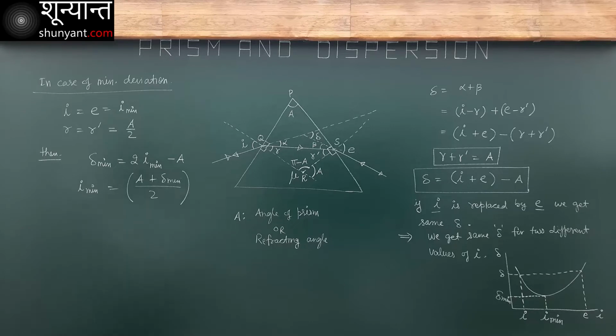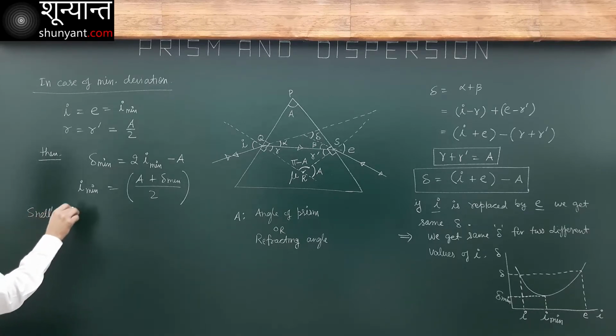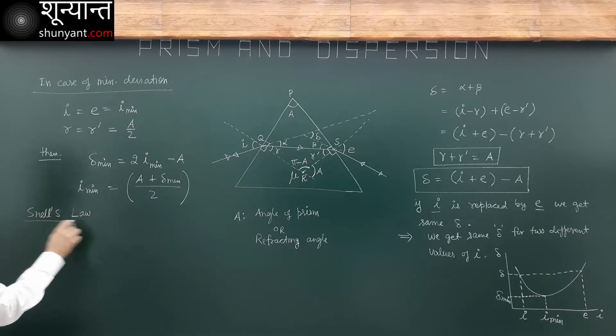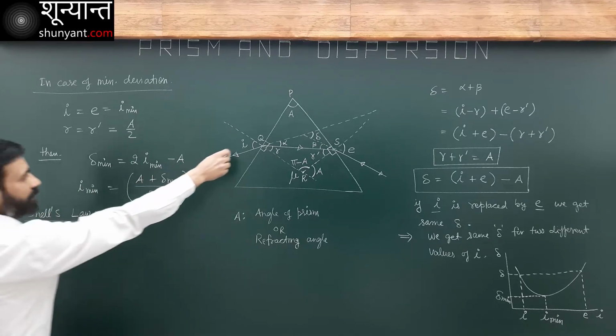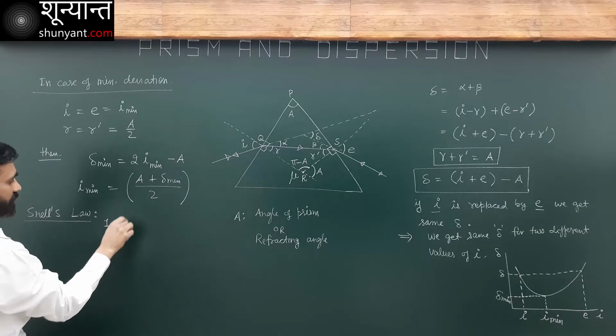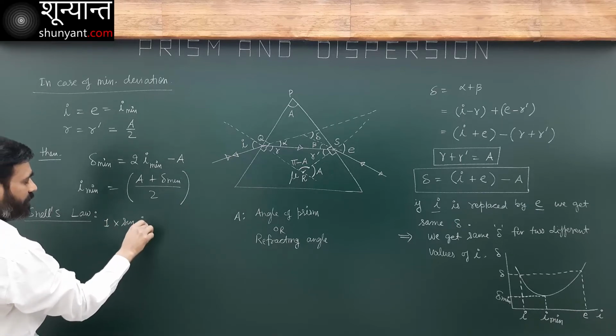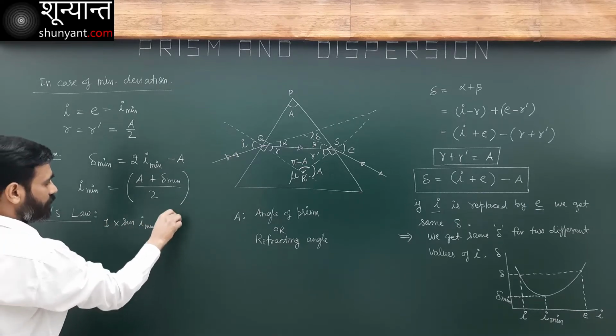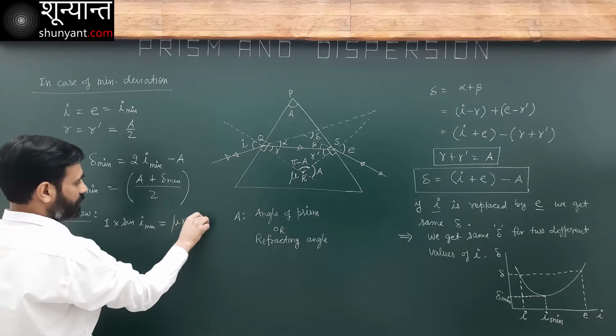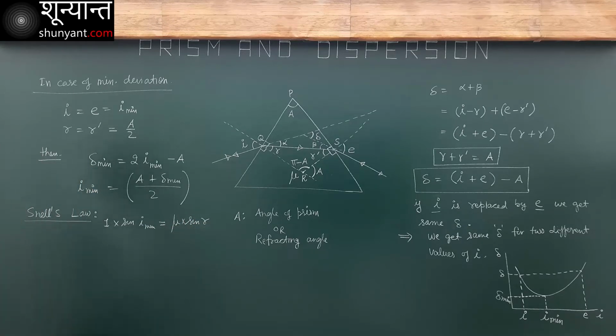Now let's apply Snell's law. Here, 1 times sine I minimum is equal to mu times sine R. So what is mu?